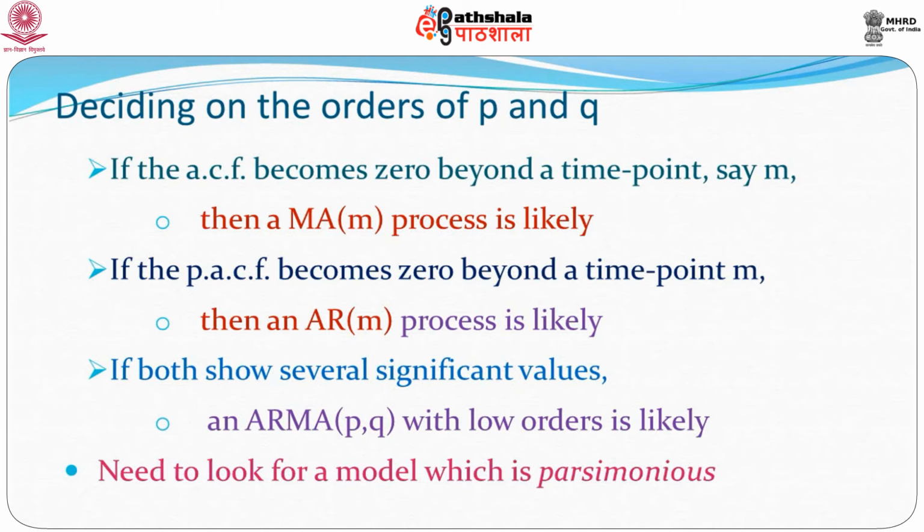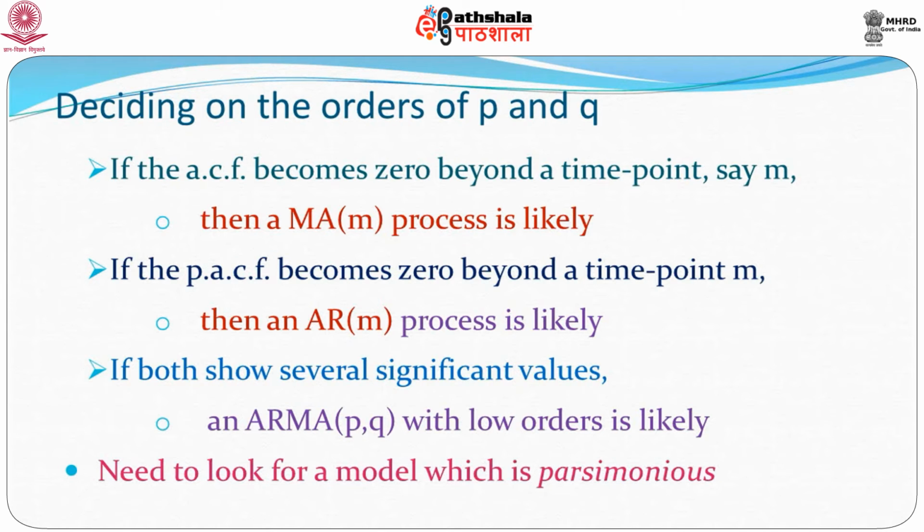Now, remember that if you have an ARMA(p,q), you can write it as an AR infinity. So, if you have an AR of very high order, say 10 or 12, then probably it can be substituted by an ARMA(1,1) or ARMA(1,2) or (2,1).